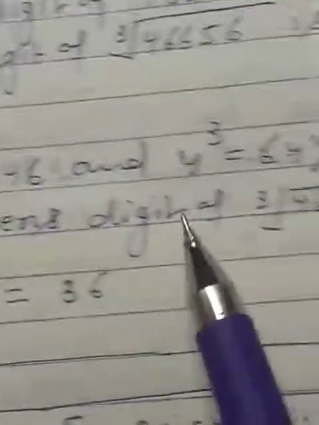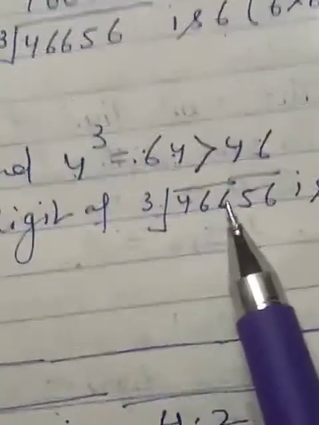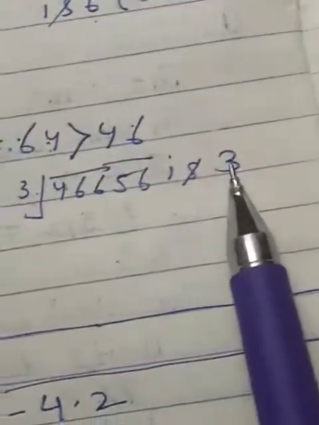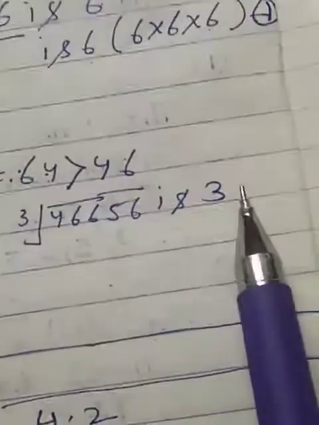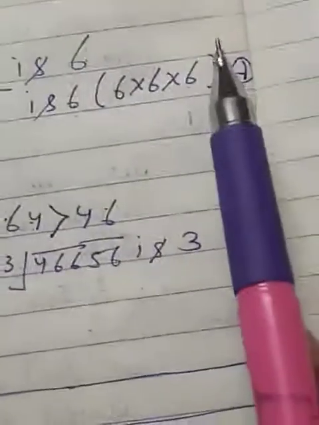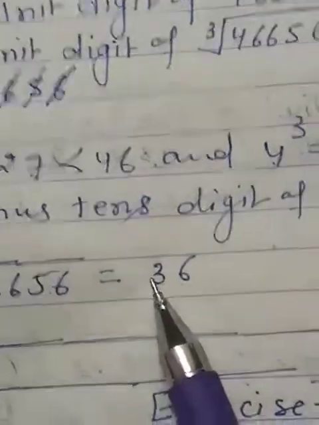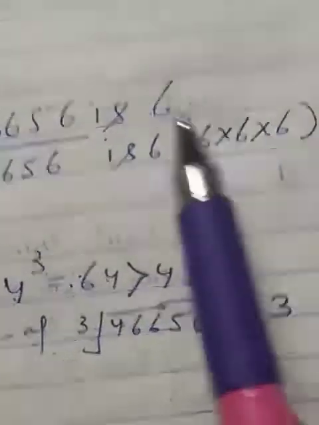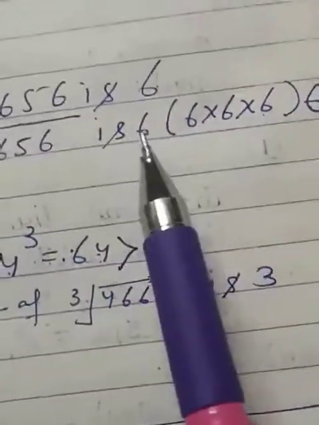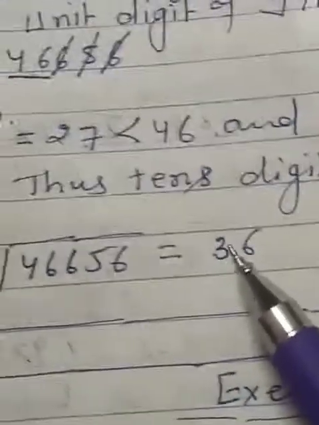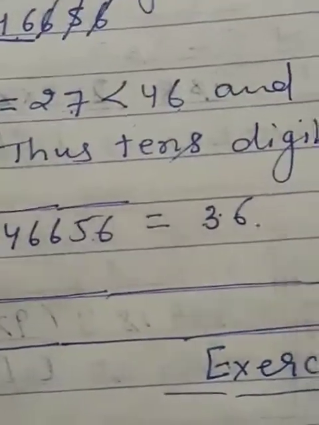Thus the tens digit of the cube root of 46656 is 3. This is equation number 2. Now comparing equation 1 and equation 2, the tens digit is 3 and the unit digit is 6. So therefore your answer is 36.